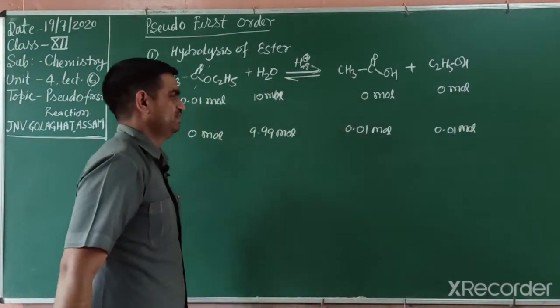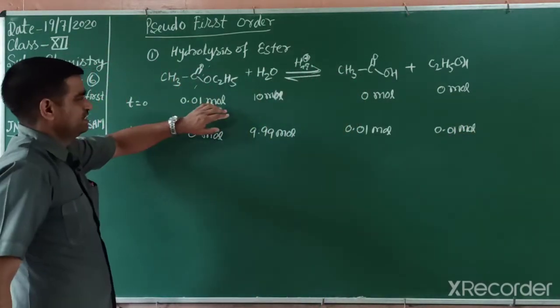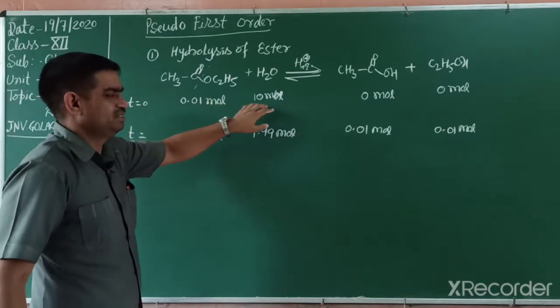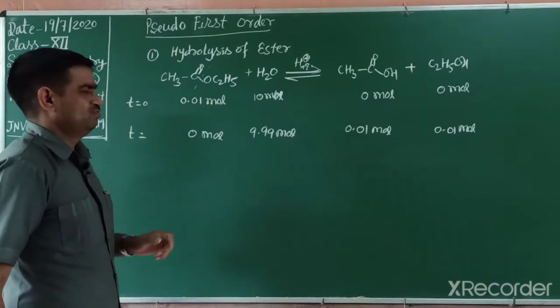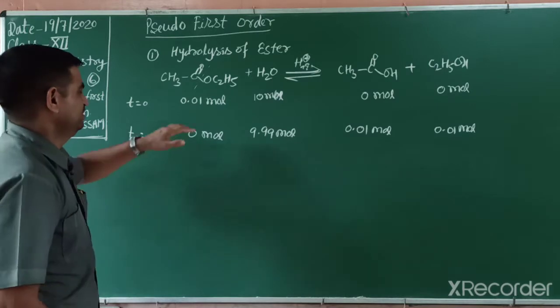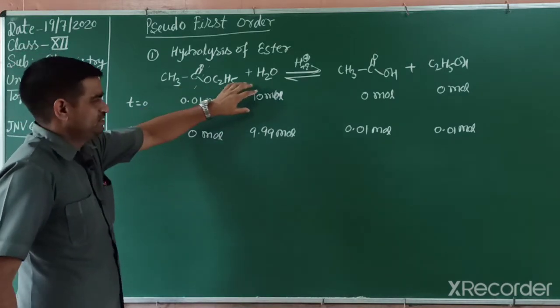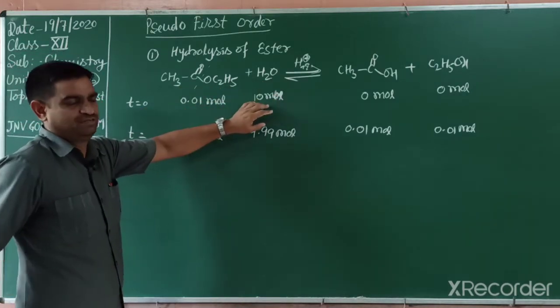In this reaction we can observe that one reactant is a very small amount, the other is in excess. So the rate of reaction depends only on the one component. This is in excess, so we ignore this one.